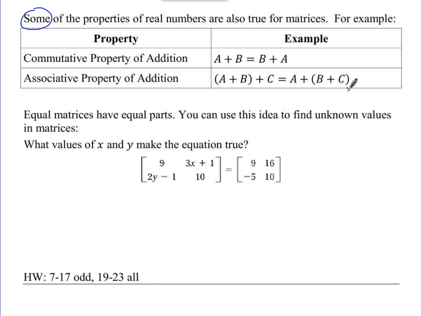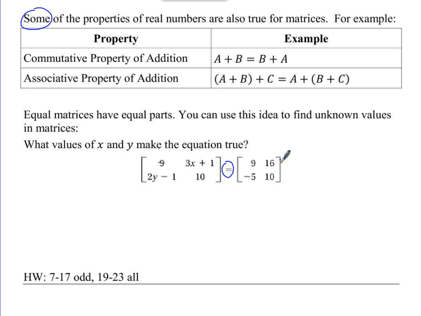And equal matrices have equal parts. You can use this idea to find unknown values in matrices. Because these matrices are equal, then that means that each corresponding part must be exactly the same. And here in that first position, we do see a 9 and a 9. In this last position, we do see a 10 and a 10. But here we see 3x plus 1, and here we see 16.